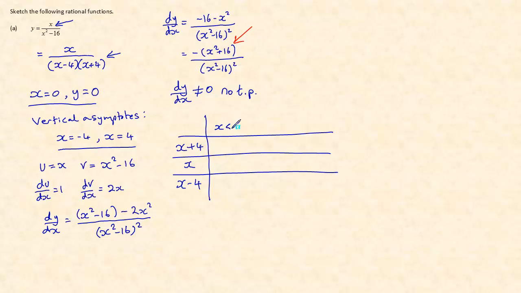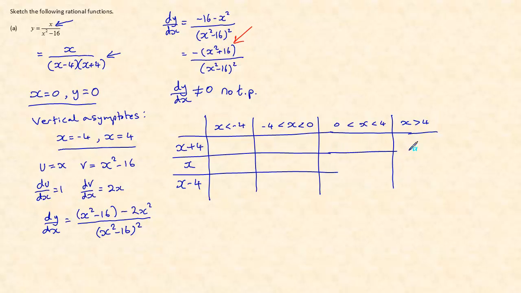So we'll look at x being less than negative 4. We'll look at x between negative 4 and 0, which is where this one changes sign. Let's look at x between 0 and 4, where this one changes sign, and then x more than 4.